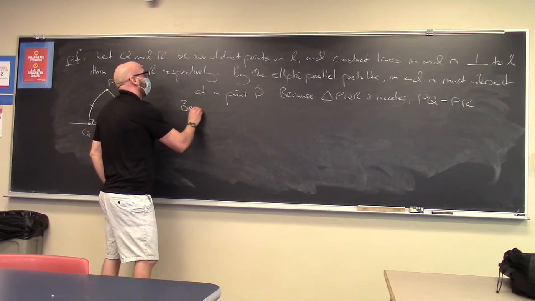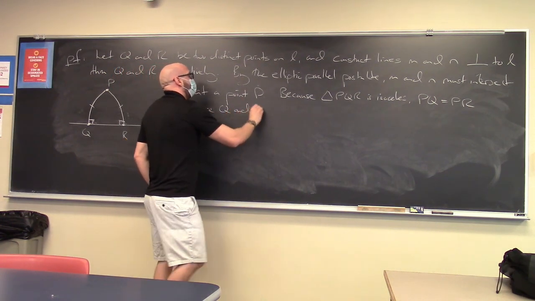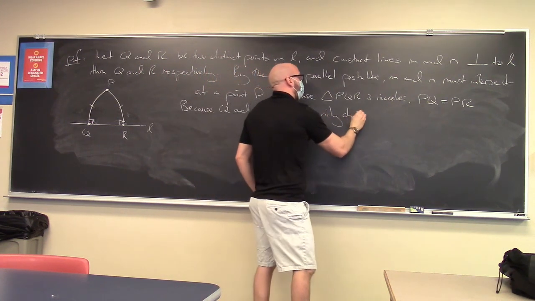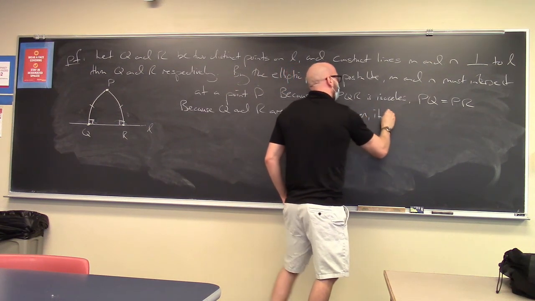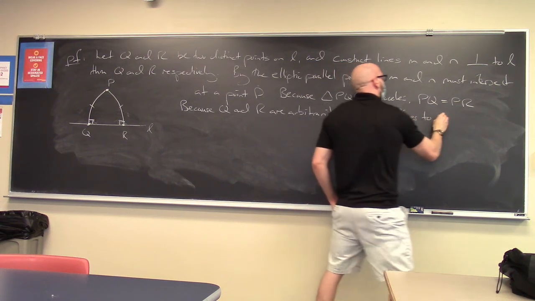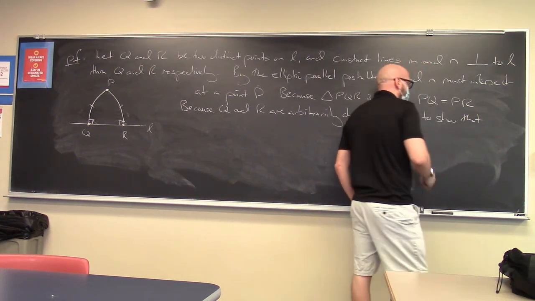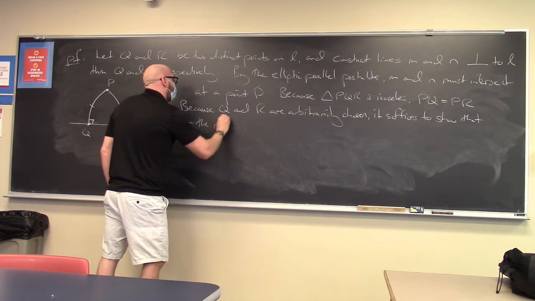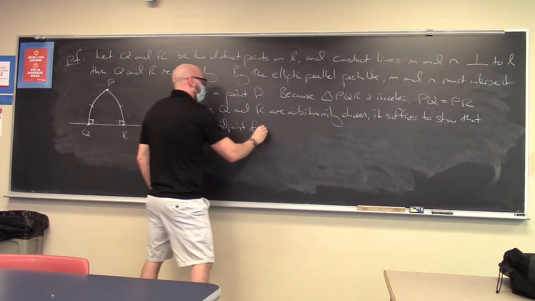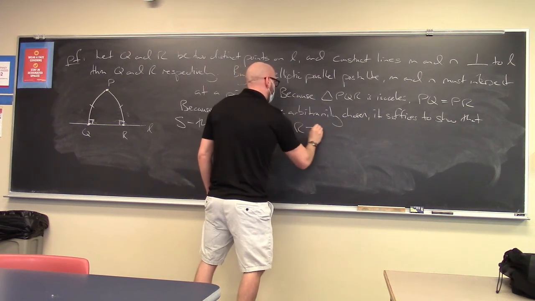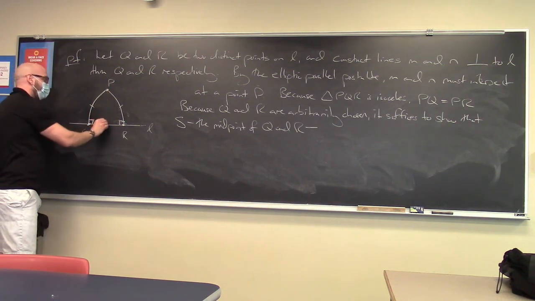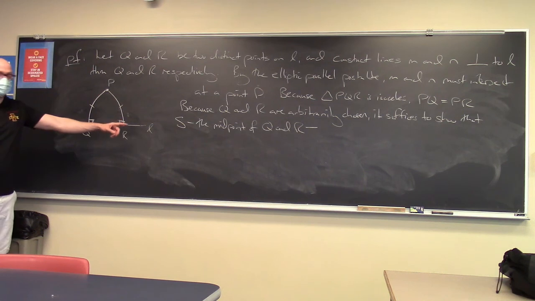So I'm just going to say that because Q and R are arbitrarily chosen, it suffices to show that S, which is going to be the midpoint of Q and R, is also the same distance from P, and PS also intersects L orthogonally.